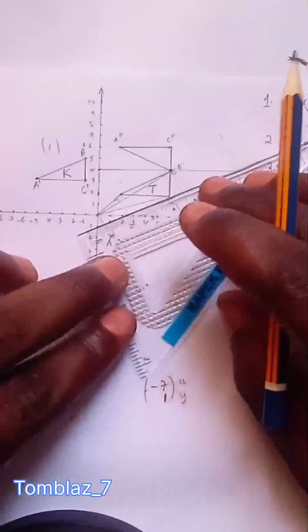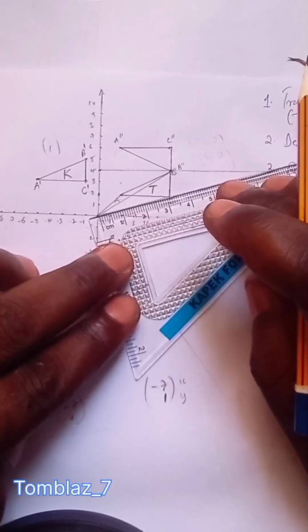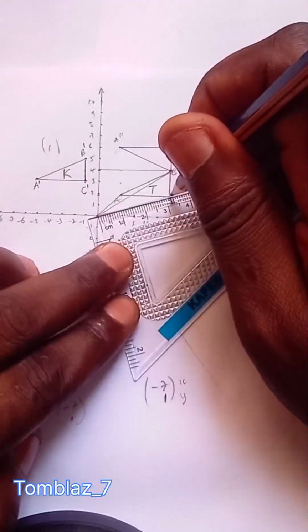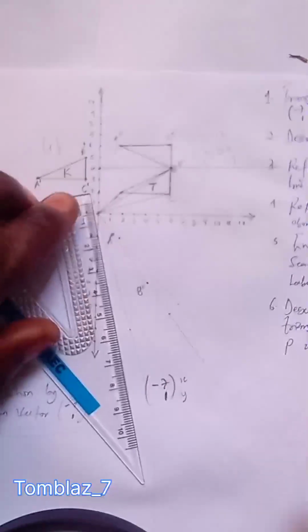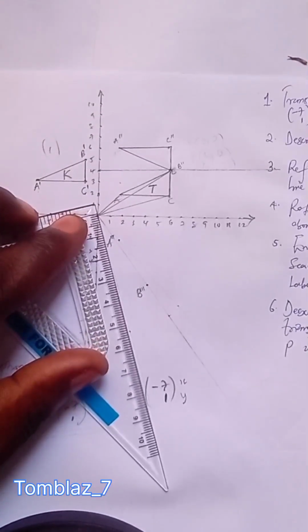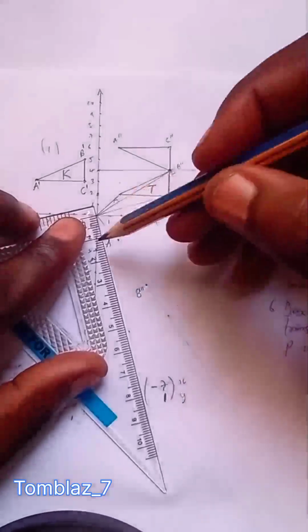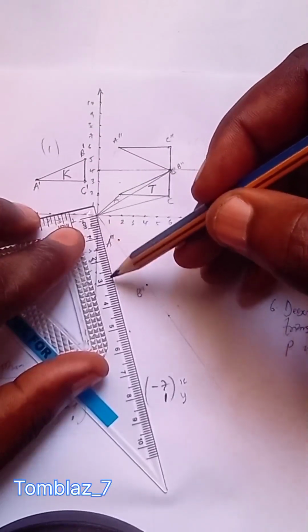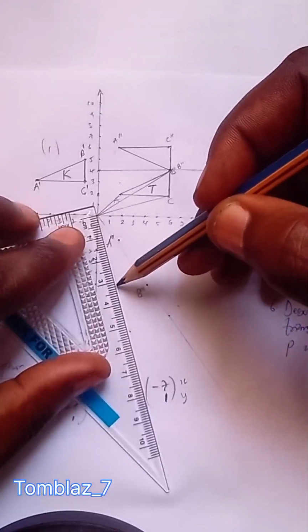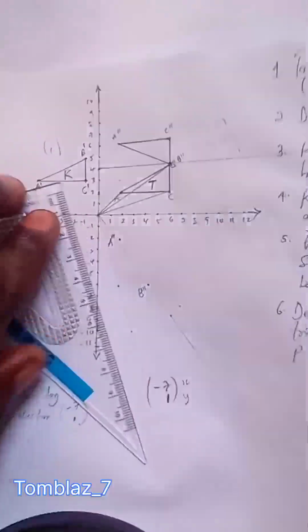Then I'll measure the distance between the origin and C. So this is giving me 3.2. I'll just keep it there and take 3.2. So this is 1, 2, 3. 3.2 is somewhere here.